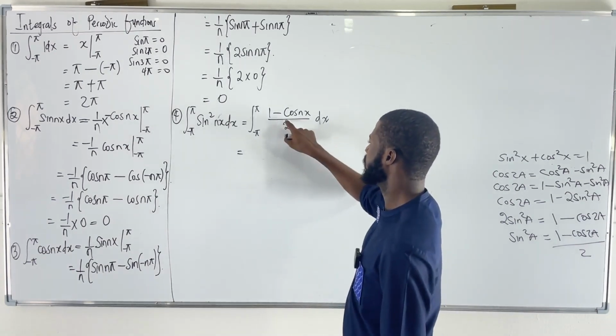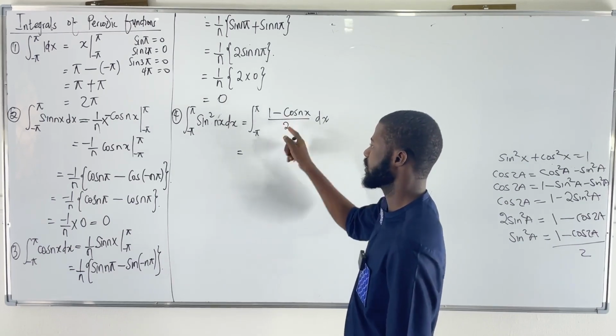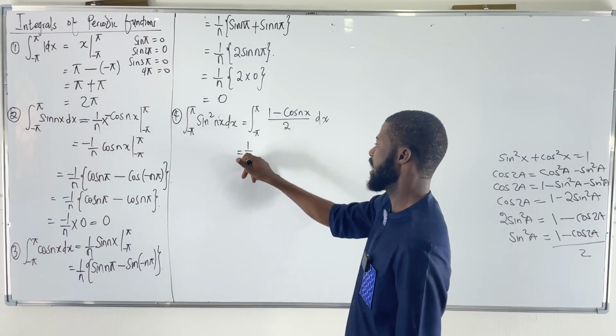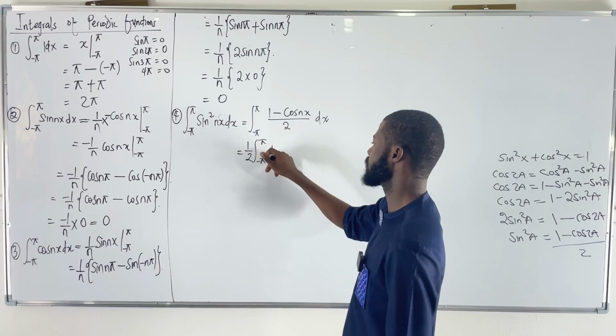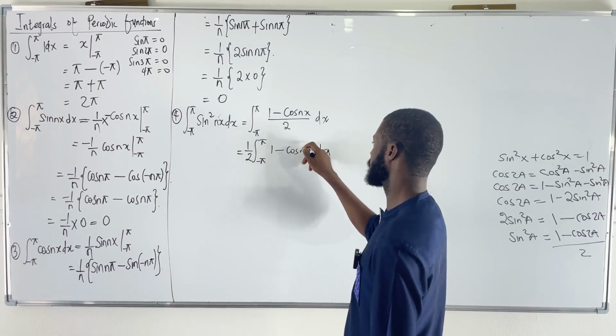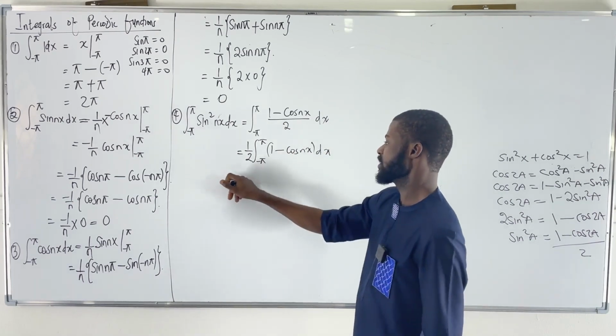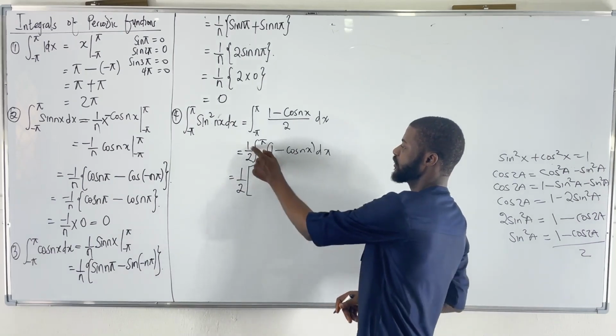First of all, the over 2 is like a constant. So this is half the integral from minus pi to pi of 1 minus cos 2nx dx. Let me open this up. Integrate 1, what would you have?